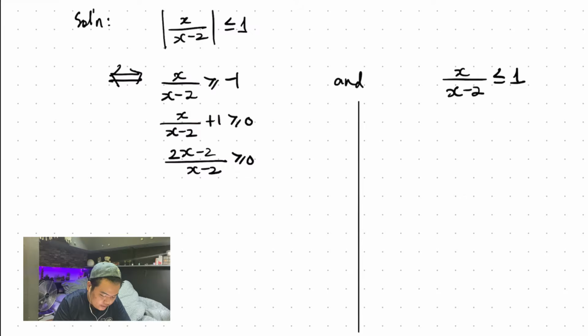Ito, nagko-combine ako dito, hindi ako nagko-cross multiply. Bawal mag-cross multiply kapag across the inequality sign. Okay, tama naman yung pagka-combine ko. And then, compute for the critical numbers. Ano yung critical numbers? Magpapa-0 sa numerator is 1. Papa-0 sa denominator, 2. And then, table.